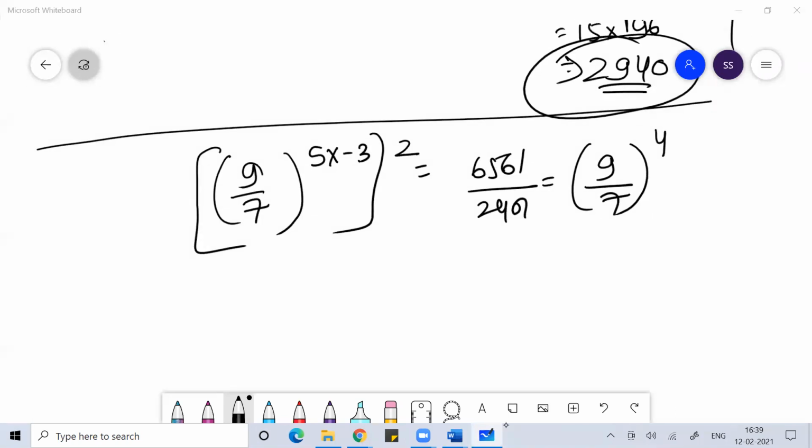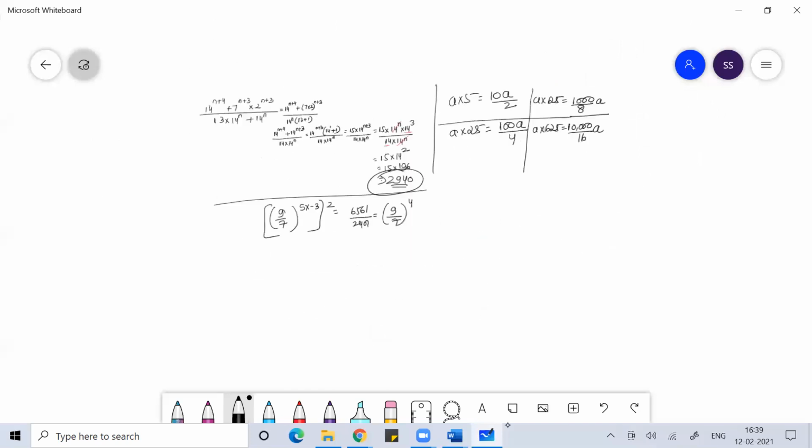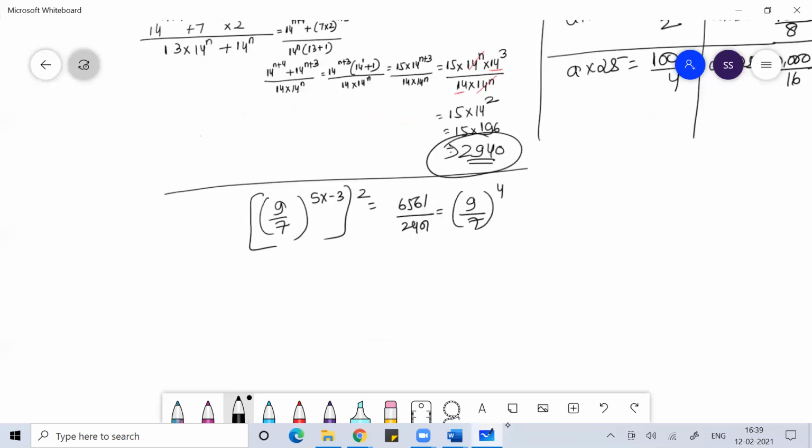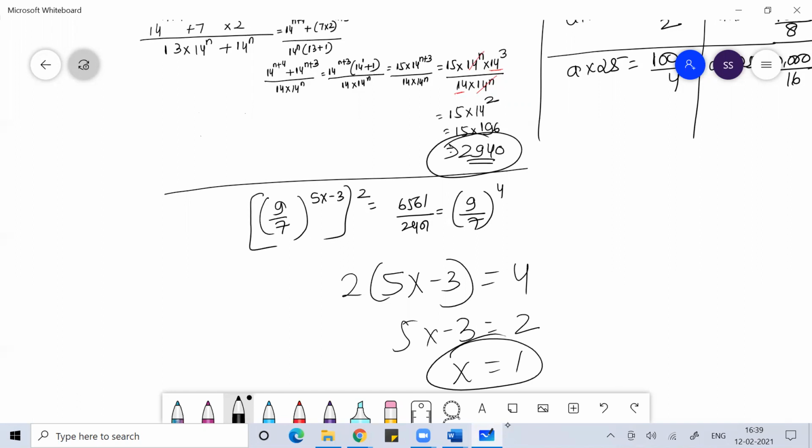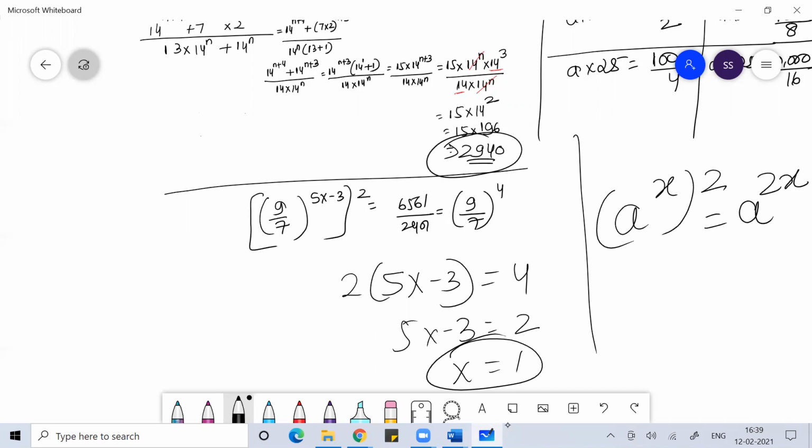So then you can write 2 into 5x minus 3 is equal to 4. So 5x minus 3 is equal to 2, meaning x equals 1. Simple. And everyone understand this: a to the power x into 2 is nothing but a to the power 2x.